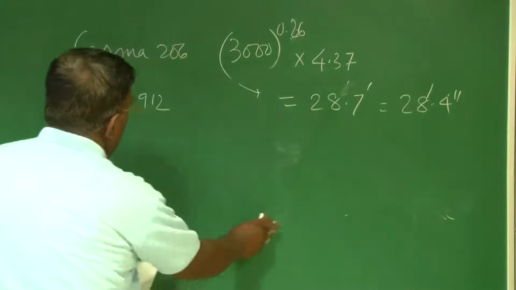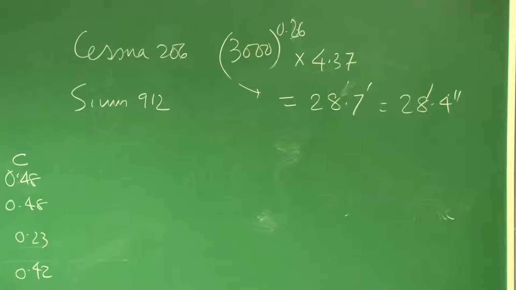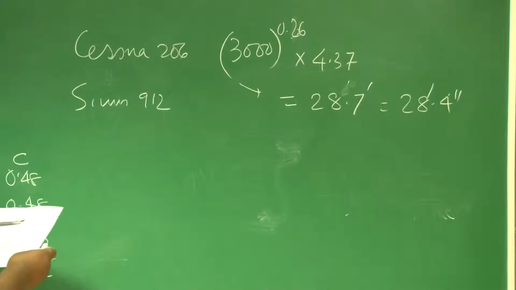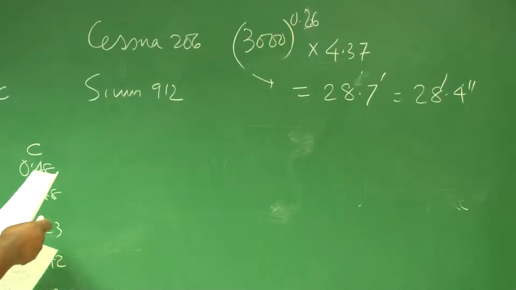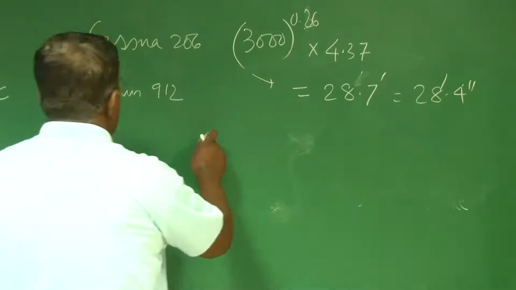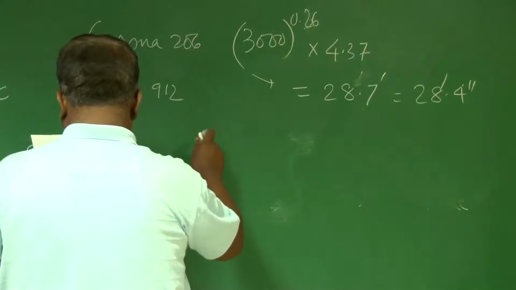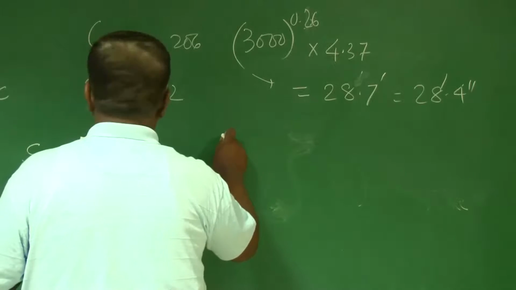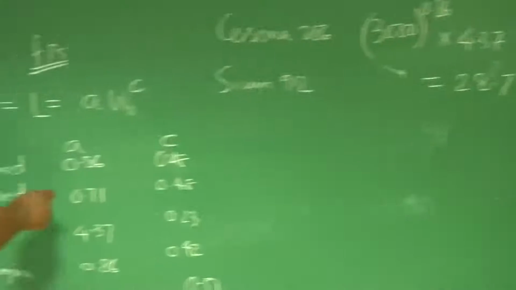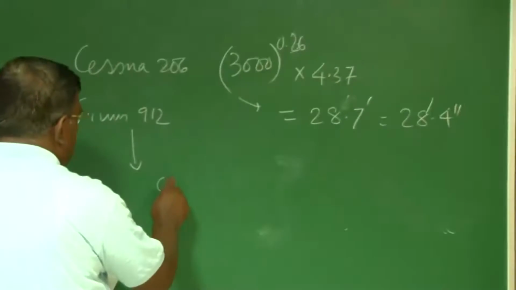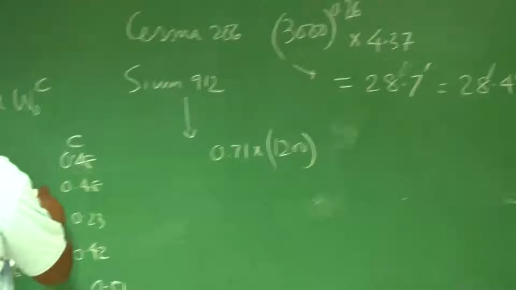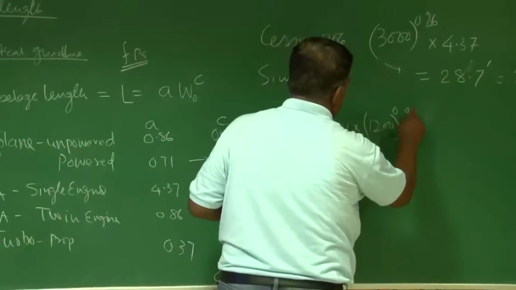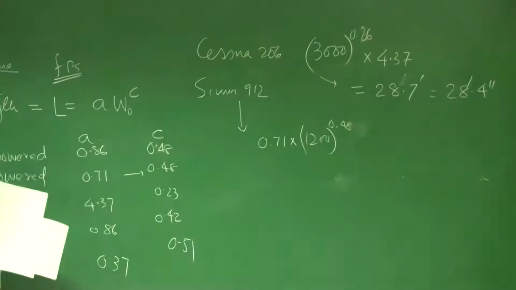Then I was checking the correlation for Sinus 912, which is a motor glider. So it is sailplane powered, and its weight is around 1,200 pounds. So 0.71 into 1,200 pounds to the power 0.48, right?